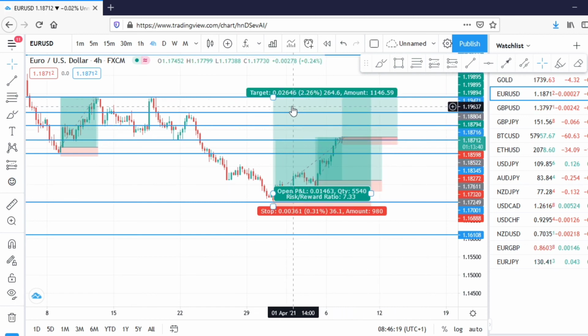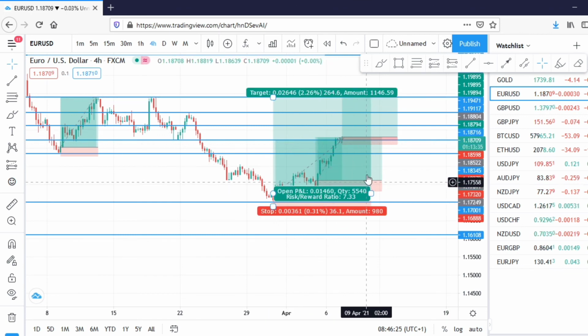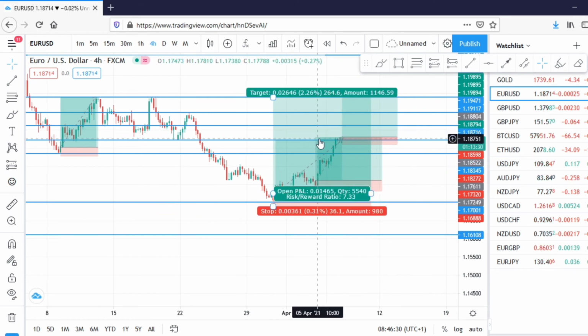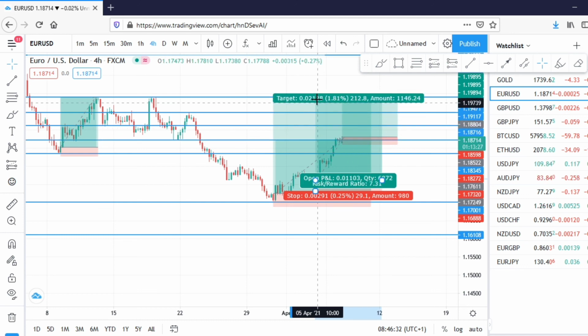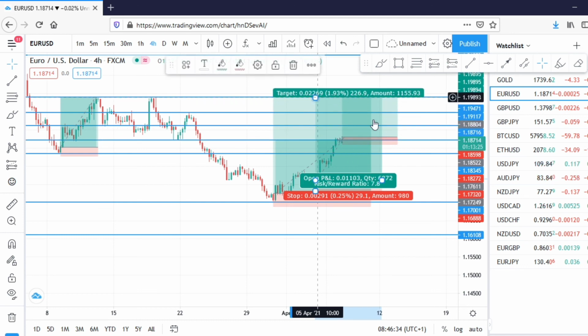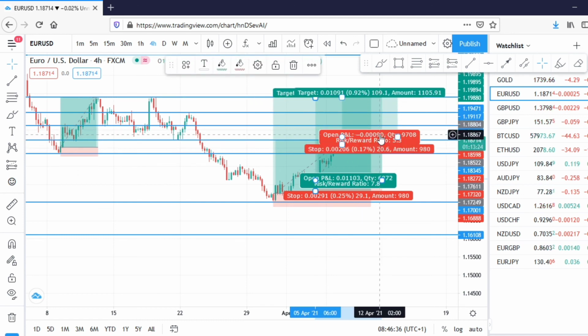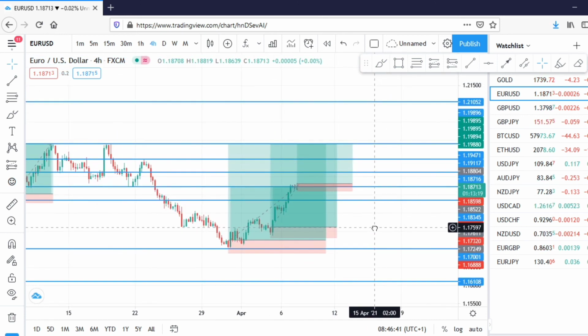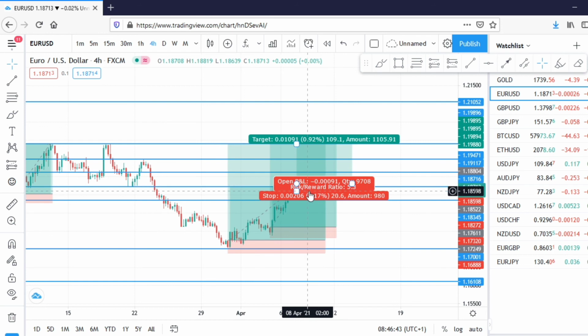For the first trade that I took, I'm targeting a profit of about 260 pips, and for the second trade, let me move this up, I'm targeting about 220 pips. And this is the trade I took this morning, which seems to be going the opposite direction, and I'm aiming for about 100 pips on this trade.